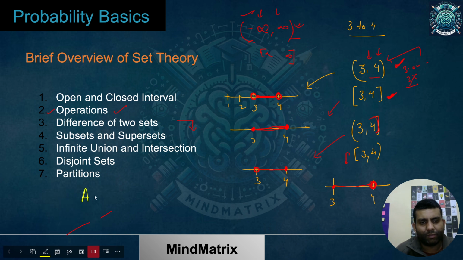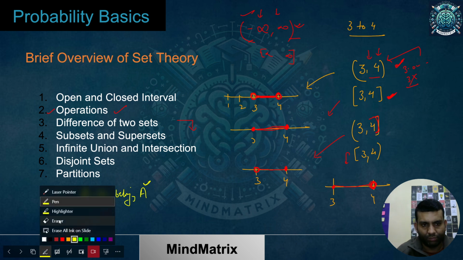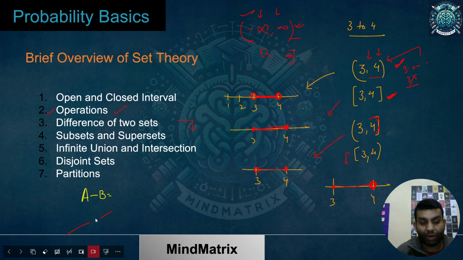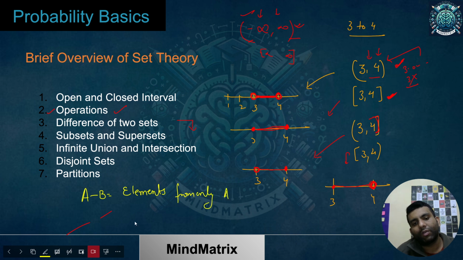A minus B simply means elements belonging to A but not B. A minus B represents that set which will be formed by elements from only A, which are not part of B.